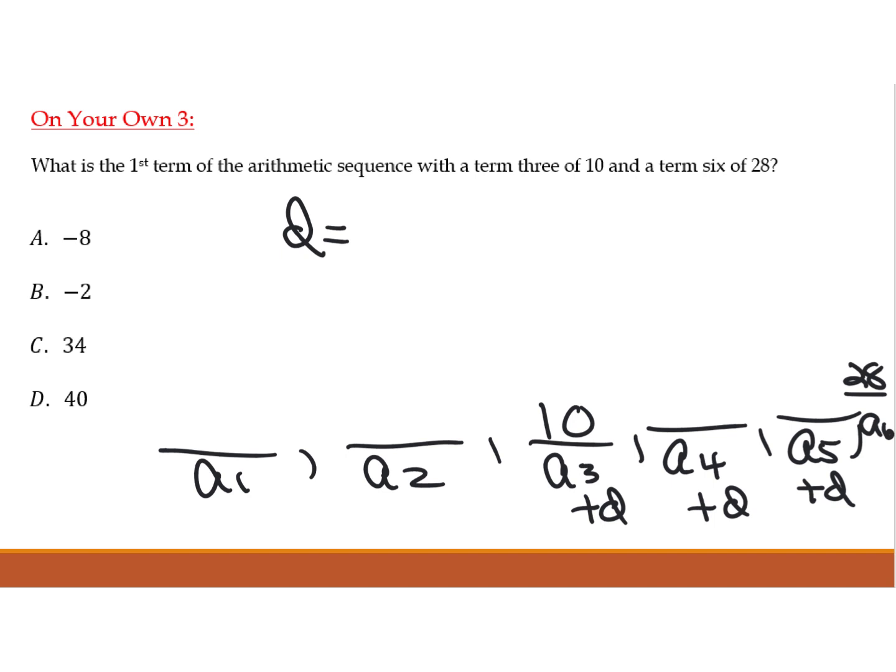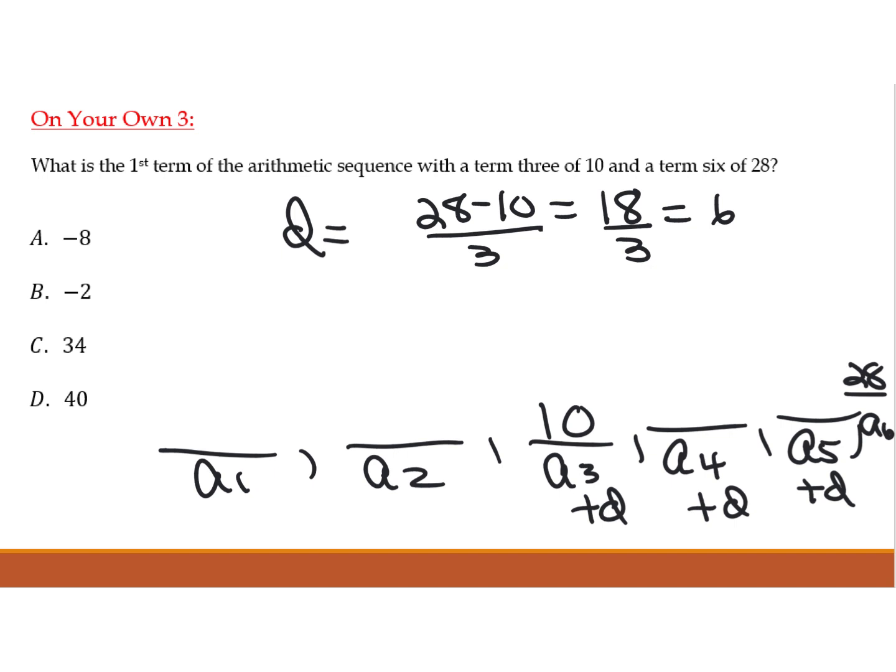To find my difference, I'm going to find the difference between the two terms that are given. 28 minus 10 is 18. And because I'm adding D 3 times, I have to divide this difference by 3.